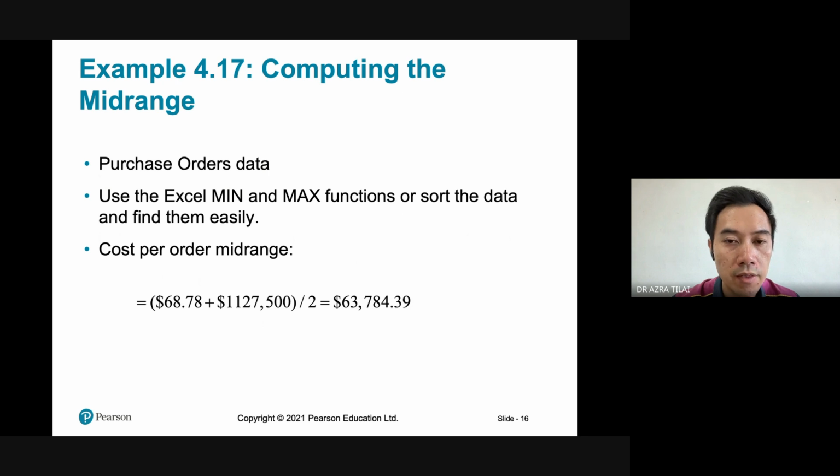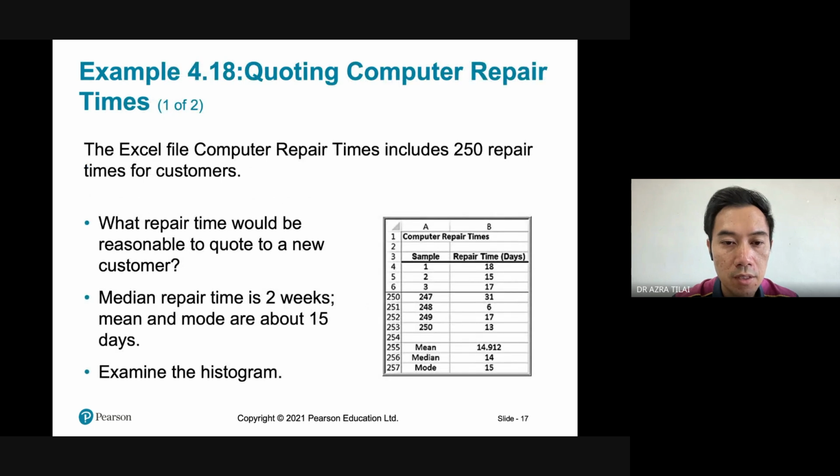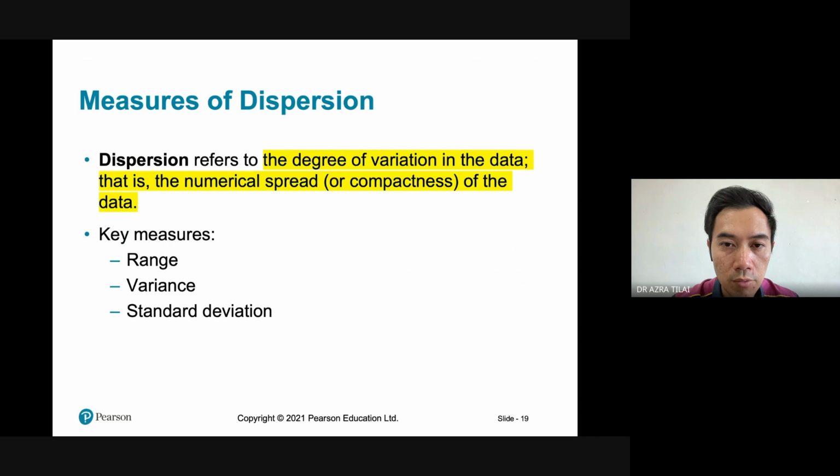I think we've done this in chapter 1 or 2, using Excel and identifying where and how to use the Excel function tab, which is the min and max. Now this is just repetitive. What we want to see is this one. We move on to slide number 19. So far, so good, right or not?